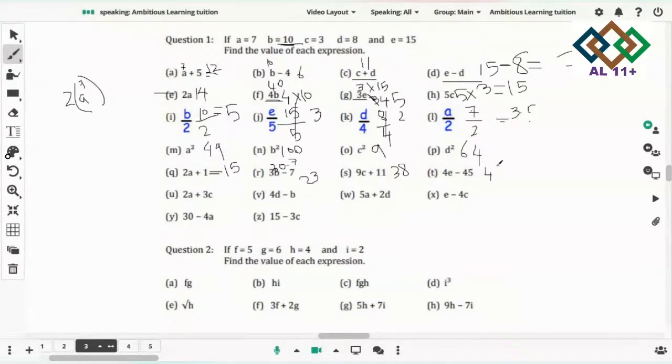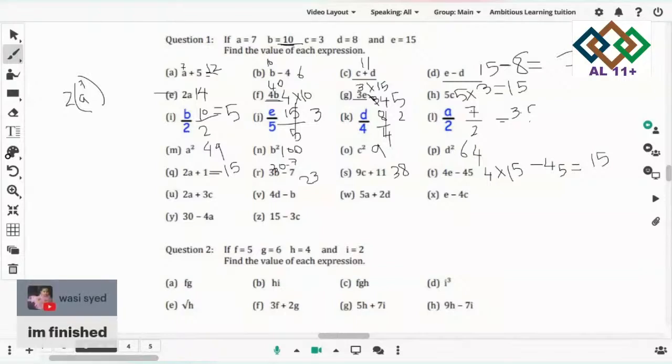So you will multiply it by 15 and then you will minus 45. When you do all of this, you will get the answer 15. Let me see if any of you got this answer. I'm finished. That's good.